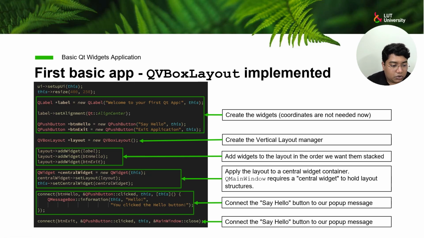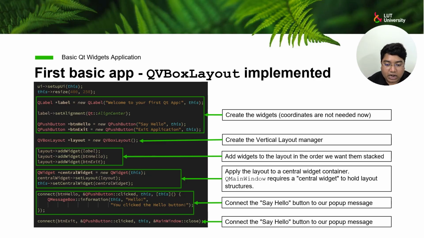After that, we created QVBoxLayout. This object will be responsible for arranging our widgets vertically. Next, instead of calling setGeometry, we simply add each widget to the layout using addWidget. We are not specifying any kind of coordinates, we are not calculating any positions, and we don't have to worry about resizing.